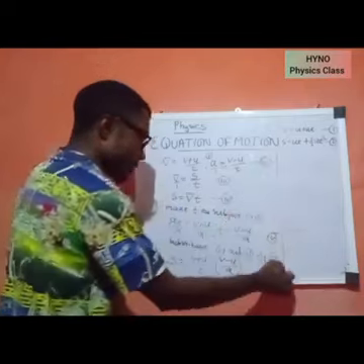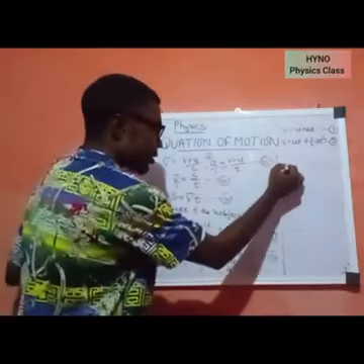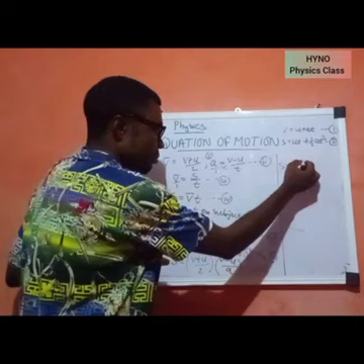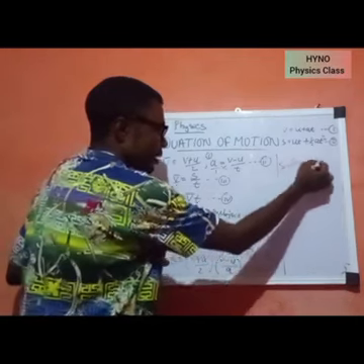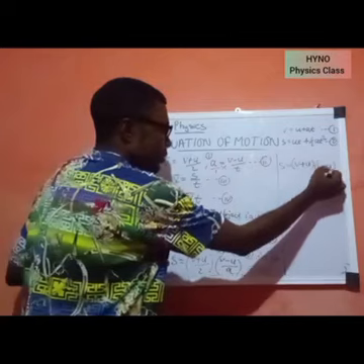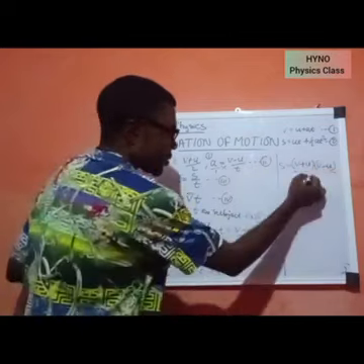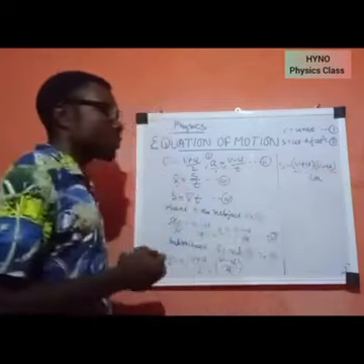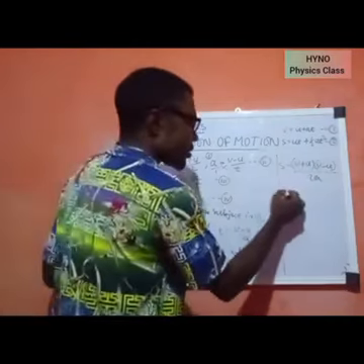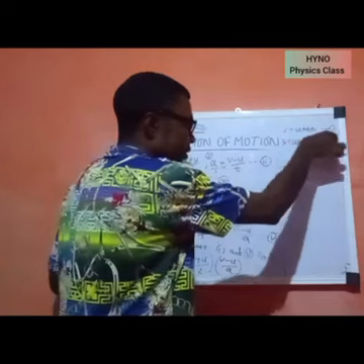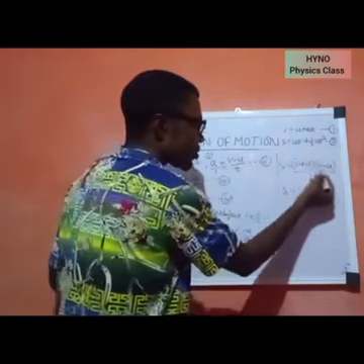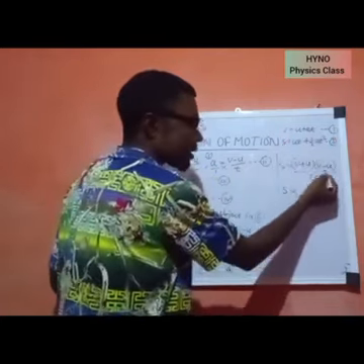If we open our bracket, s is going to be v plus u times v minus u over 2 times a. You have 2a. So s is going to be equal to, when you see this, it is a difference of two squares. The difference between these two brackets is that this is plus and this is minus.